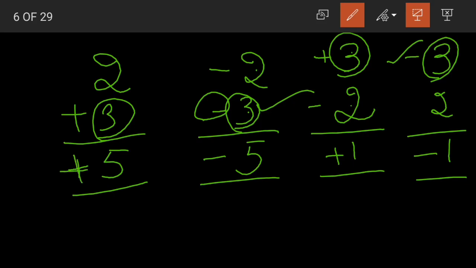I have explained this with all the four scenarios, right? In case of two positive integers, two negative integers, and a positive and a negative integer. Clear? When we add or subtract, we give the sign of the higher absolute value number to the result.